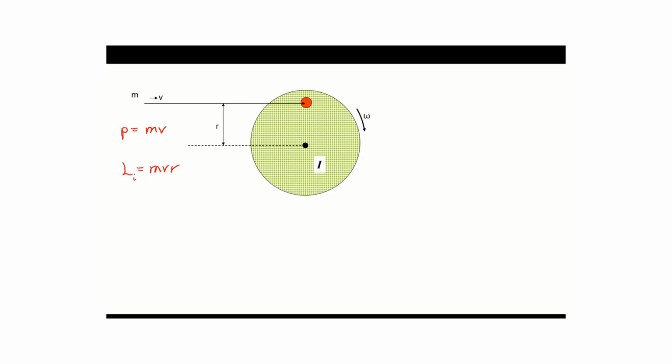Let's have a think about the final angular momentum. So we've got two parts. We've got the angular momentum of the merry-go-round, and we've got the angular momentum of the person.